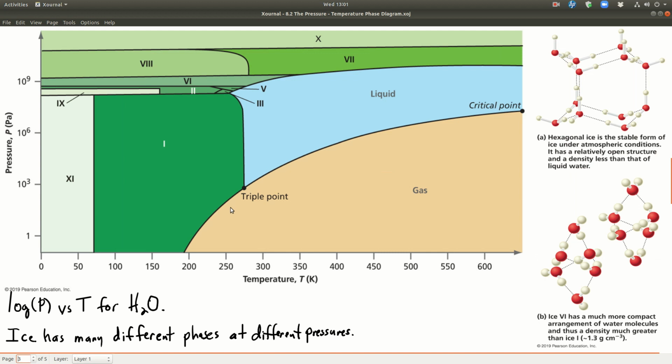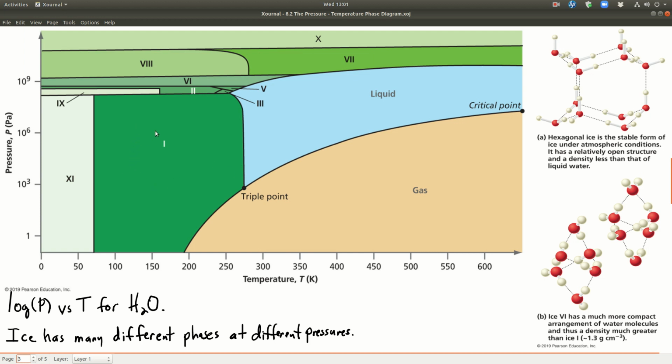So the pressure temperature phase diagrams are not all simple. For instance, this is a phase diagram for water where it takes into account the many different phases that the solid can have. So a solid can have more than one phase.